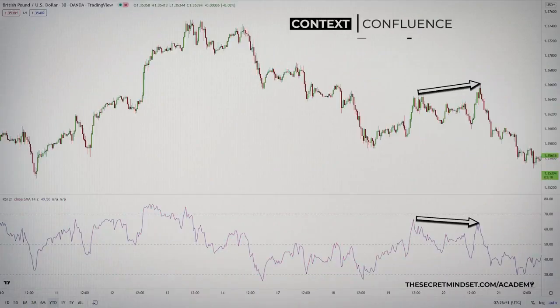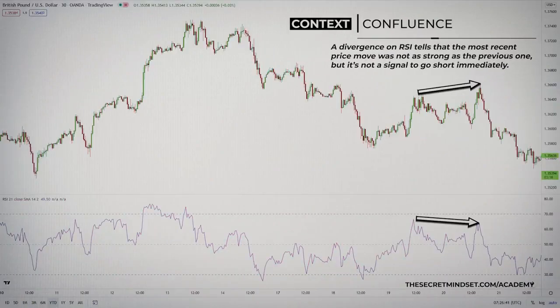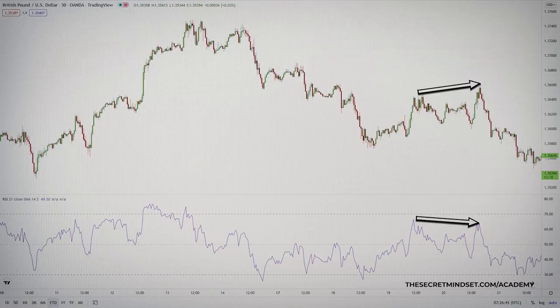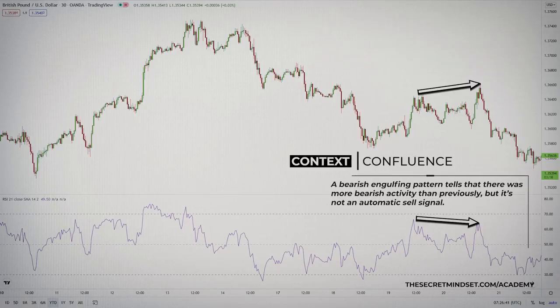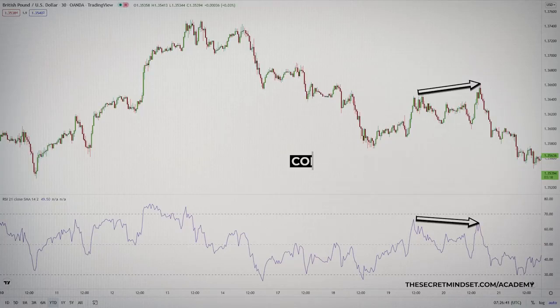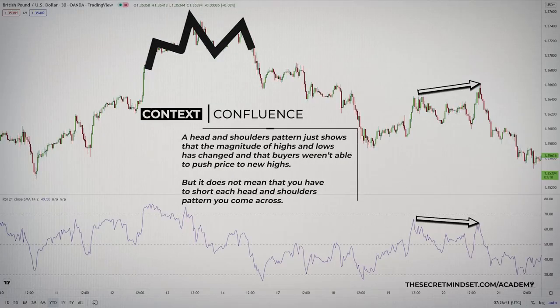A divergence on your RSI, for example, just tells you that the most recent price move was not as strong as the previous one, but it's not a signal to go short immediately. A bearish engulfing pattern just tells you that there was more bearish activity than previously, but is not a guaranteed sell signal. A head and shoulders pattern just shows you that the magnitude of highs and lows has changed, and that buyers weren't able to push price to new highs.